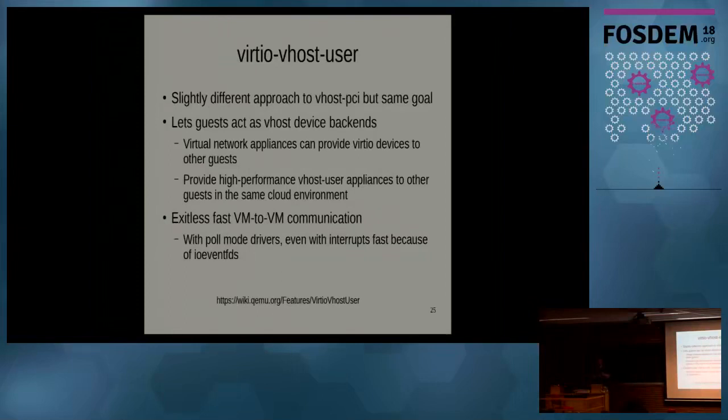The next thing was vhost user, which would allow you to implement this backend in a user space process in the host. Now, VirtIO vhost user is taking this one step further by moving the vhost device backend into the guest. It works by tunneling the vhost user protocol over a new VirtIO device type, which is called VirtIO vhost user.